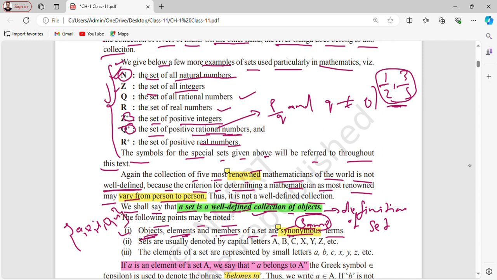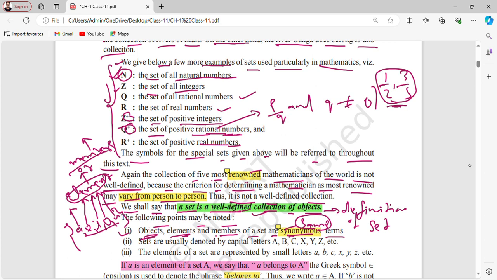This a is an element of this set. E is also an element of this set. I is also an element of this set. O is also an element of this set. U is also an element of this set. In place of element, we can also say members, or we can also say objects.